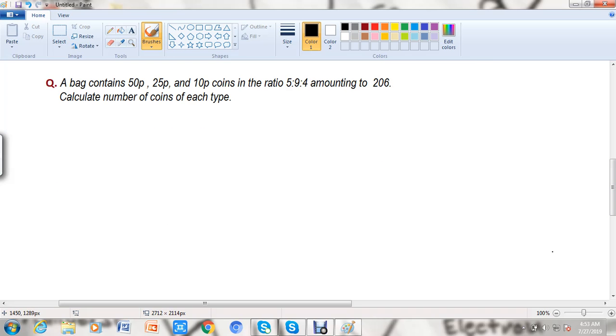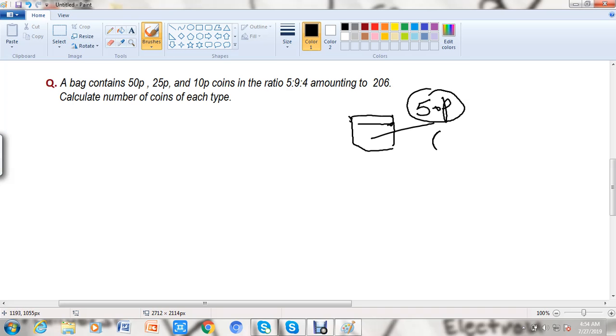A bag contains 50 paisa coins, 25 paisa coins, and 10 paisa coins. So all these three sets of coins you have: 50 paisa, 25 paisa, and 10 paisa.